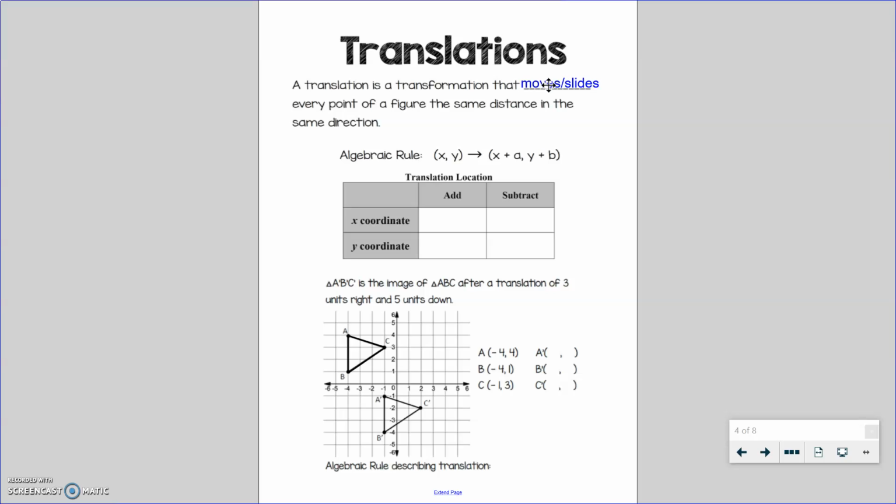Okay, so what we're doing, we are sliding our images. Okay, sliding one image to the next. So that means it remains congruent. So congruent means same shape, same size. It keeps its orientation as well because it does not rotate, it does not flip. All it does is slide to a new location.